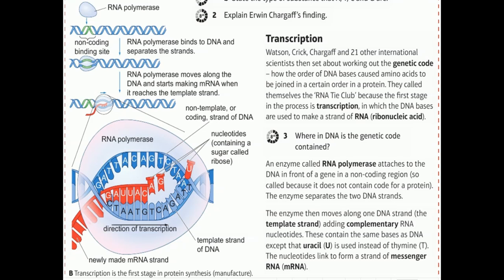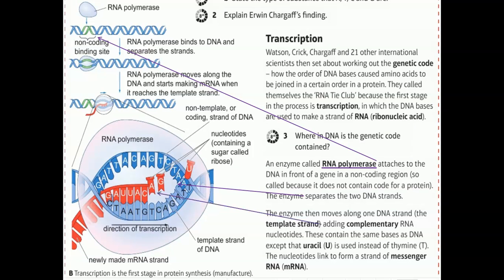Now, transcription happens due to an enzyme called RNA polymerase, and it does four things. First, it attaches to a non-coding region in front of the gene. Then it separates the coding and template strand by breaking the hydrogen bonds.